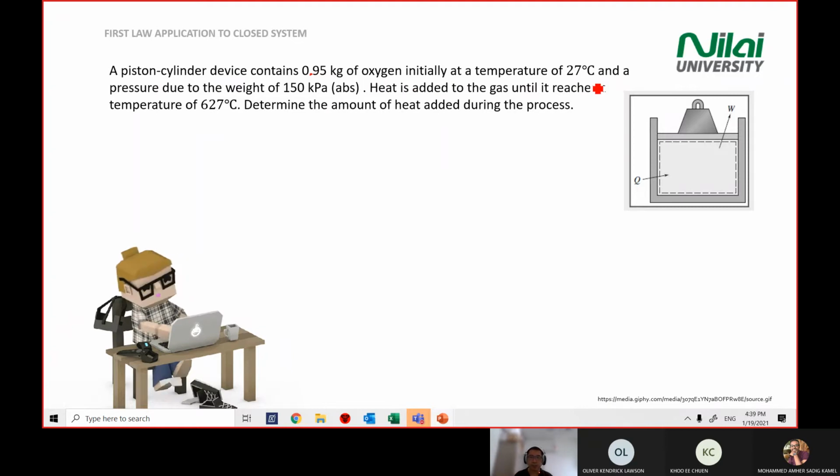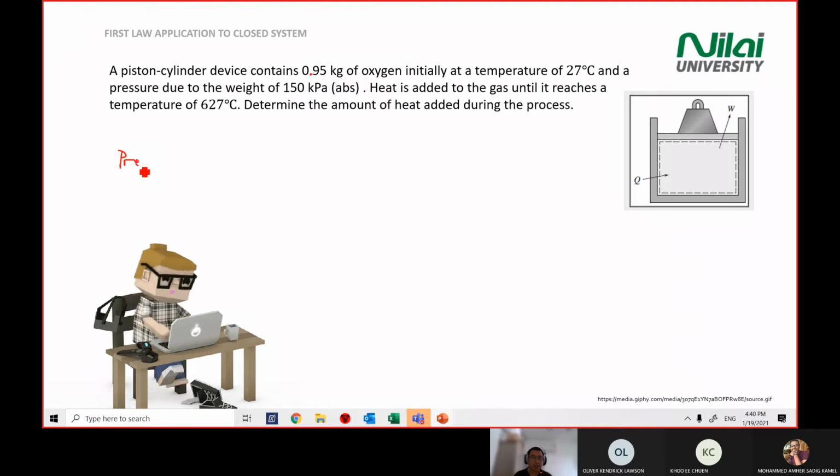For this module, temperature is one of the important parameters. Sometimes you need to convert Celsius to Kelvin, so just be careful. And a pressure due to the weight of 150 kilopascal. You should be familiar with what Pascal is. Pascal is linked to pressure.